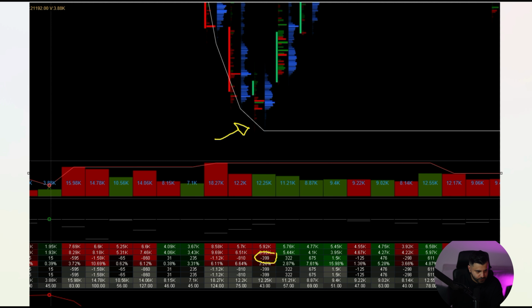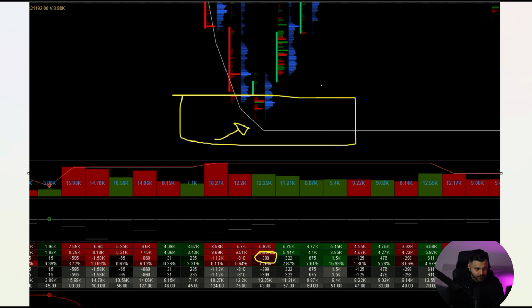Okay, all these negative shorts that we have, negative 399, more shorts in this candle, they're getting absorbed by bigger, larger passive buyers that are sitting there absorbing all these negative orders, these market shorts. Okay, they're absorbing all of these orders.